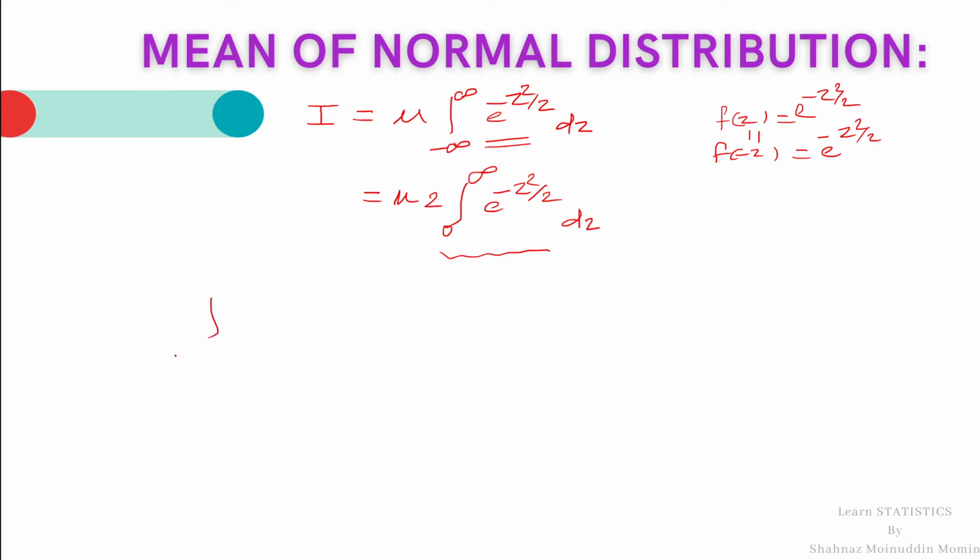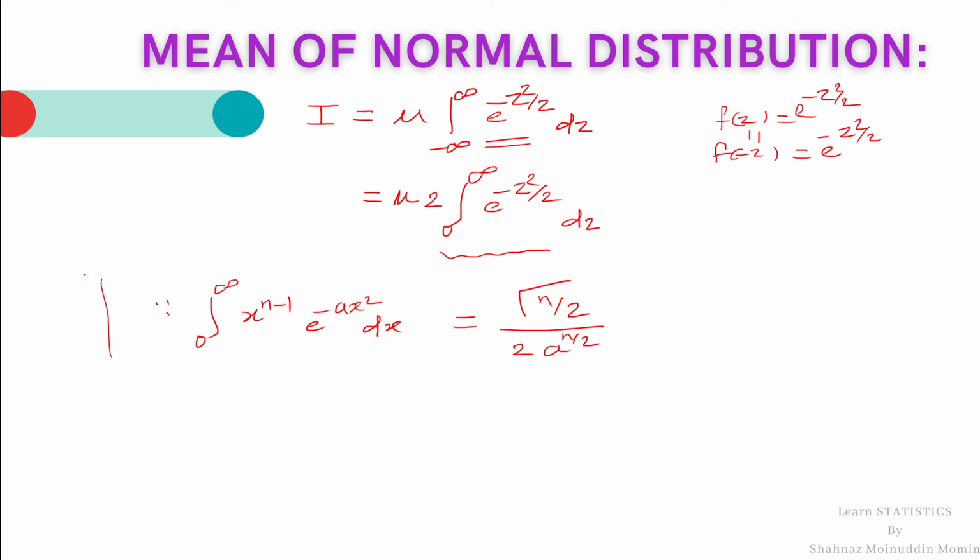If the integral from zero to infinity of x raised to n minus 1 e raised to minus a x square dx, then the value of this integral is gamma n upon 2 divided by 2 into a raised to n upon 2.